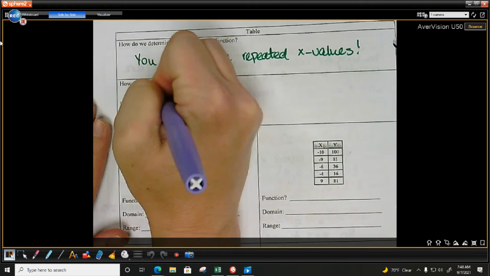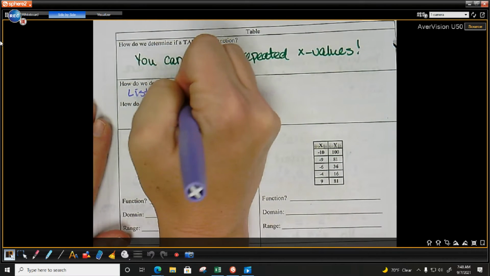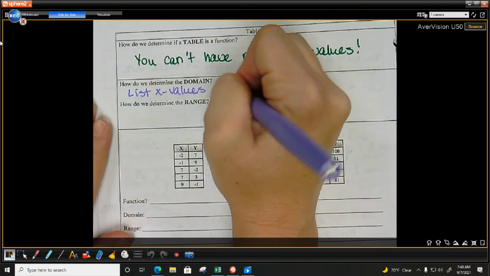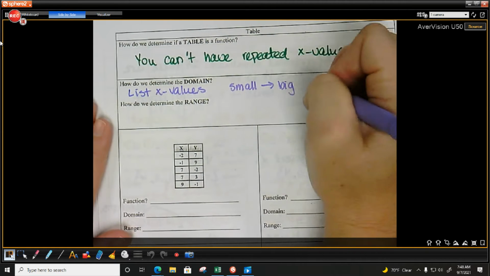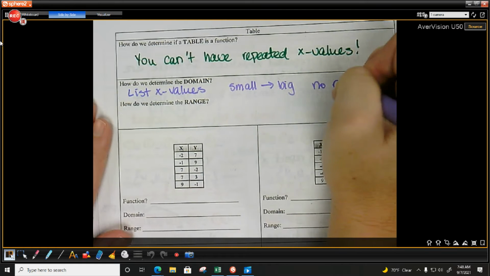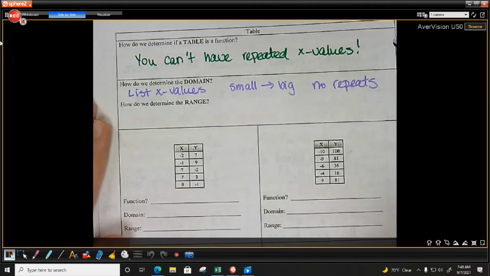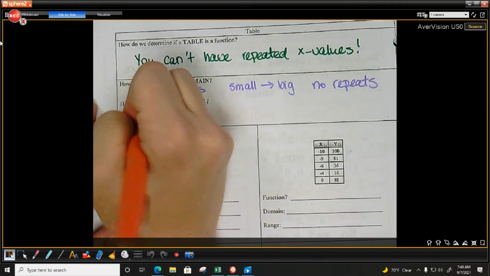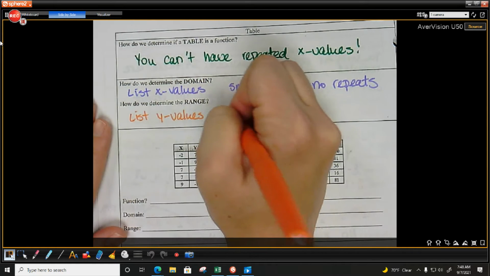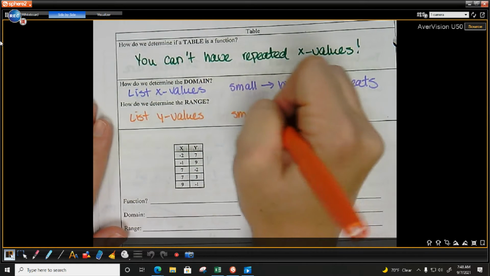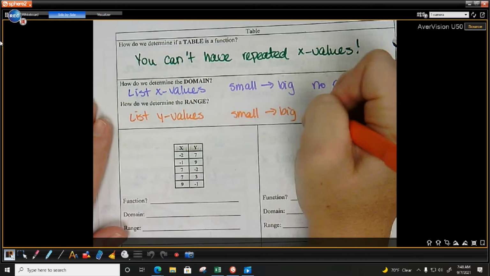Same. List x values, small to big, no repeats. And then our range is we're going to list the y values, small to big, no repeats.